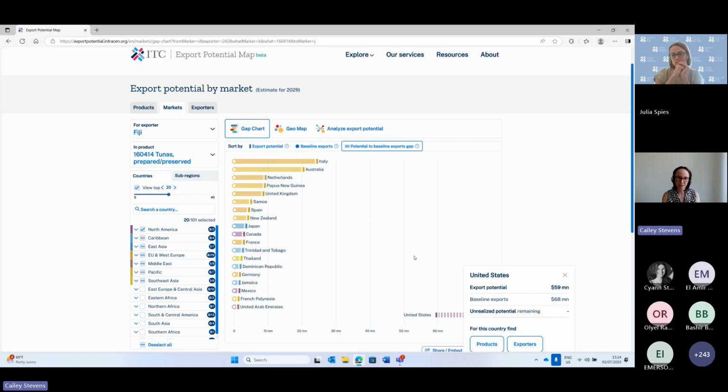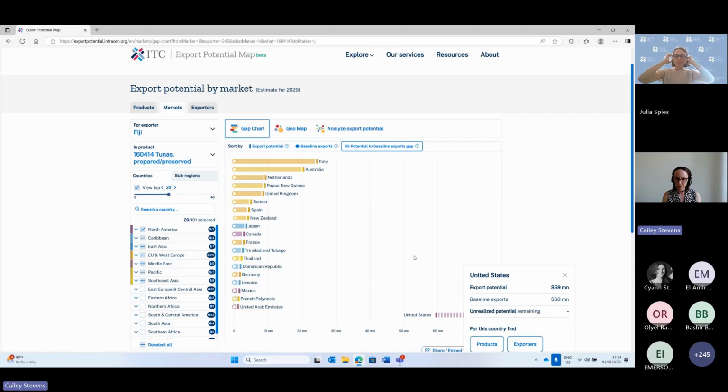This means that Fiji is already exporting more tuna to the US than the model expects is feasible by 2029. Now, that doesn't necessarily mean that Fiji should stop exporting prepared or preserved tunas to the US. It just means that the US is not necessarily a growth market for Fiji in the coming years. So why might that be?